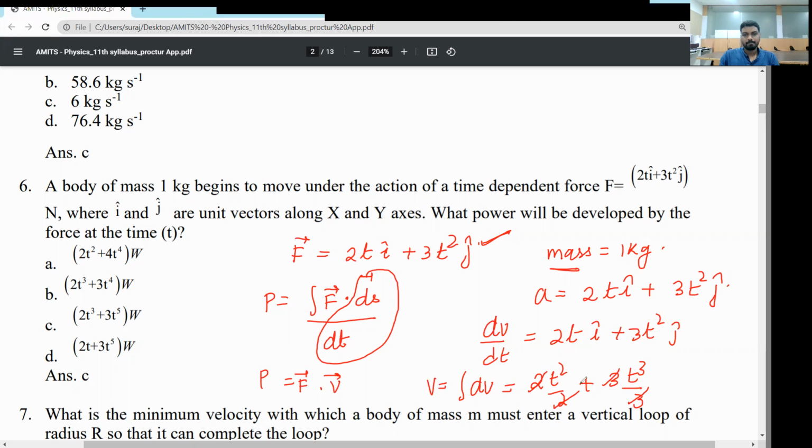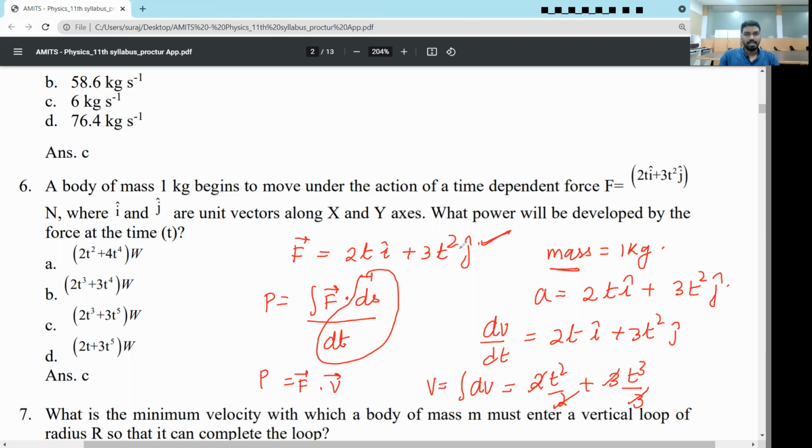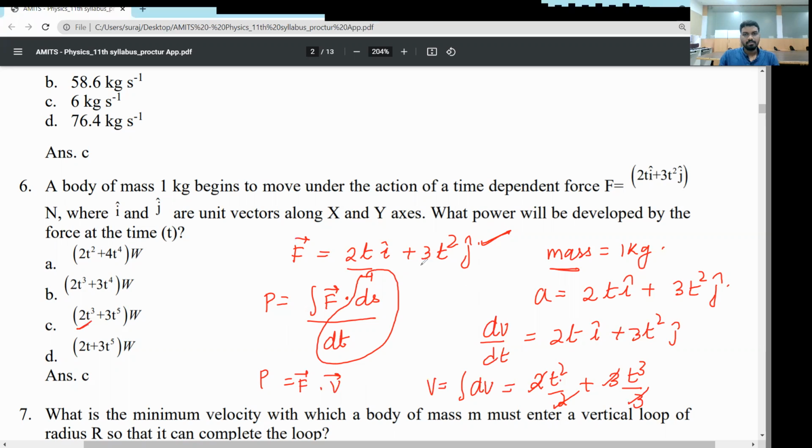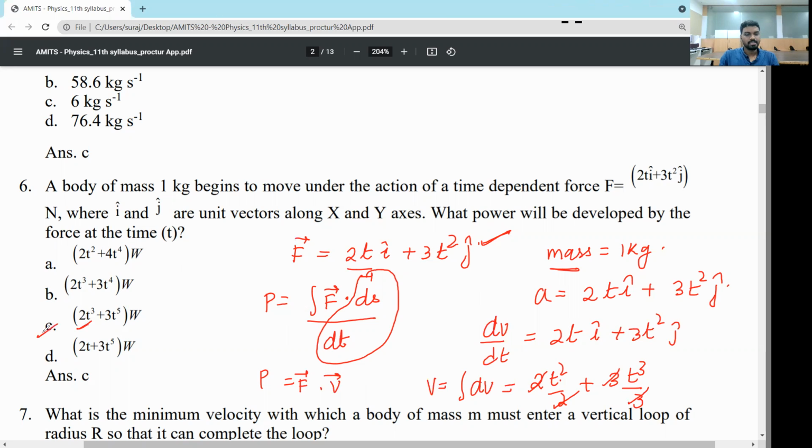This is V. So V is t square i plus t cube j, and F is already given, 2t and 3t square. So 2t into t square is 2t cube, and 3t square into t cube is 3t to the power 5. Option C is correct. Clear?